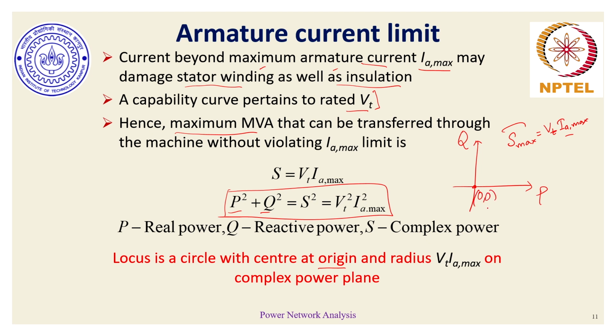And remember, for circles, the typical equation on the XY domain is x square plus y square is equal to r square. This represents a circle on the xy plane with the origin as the center and small r being the radius. So for this locus of the armature current limit, Vt into Ia max is nothing but the corresponding radius. So that's what is mentioned over here.